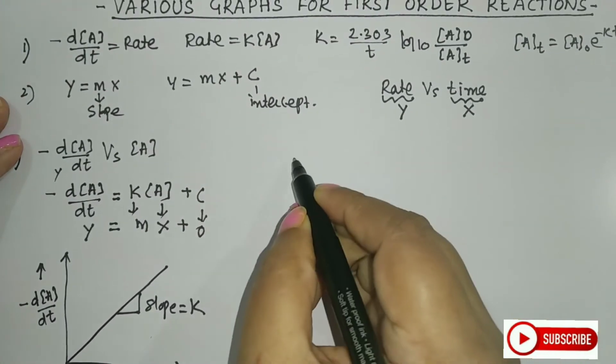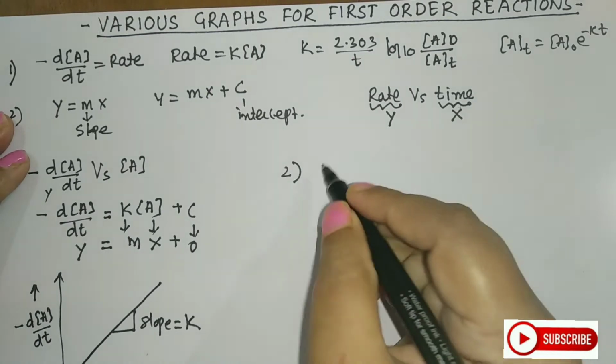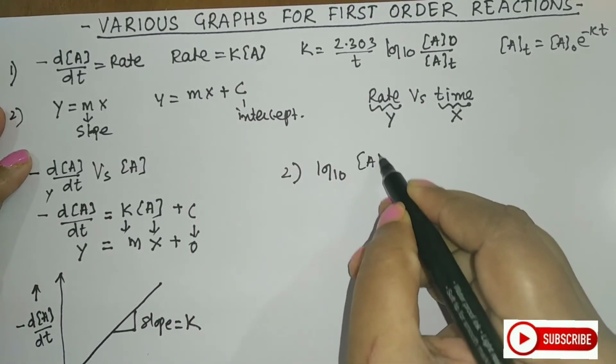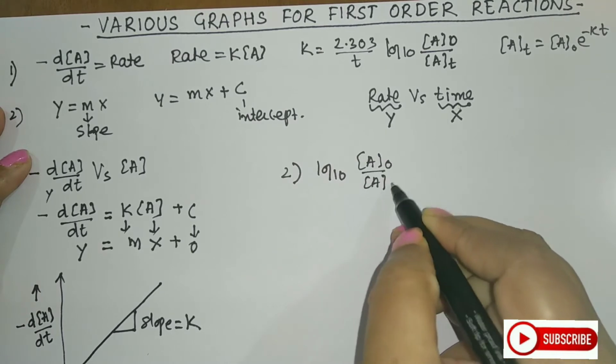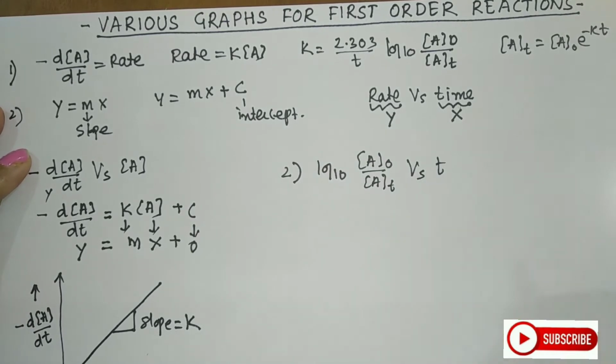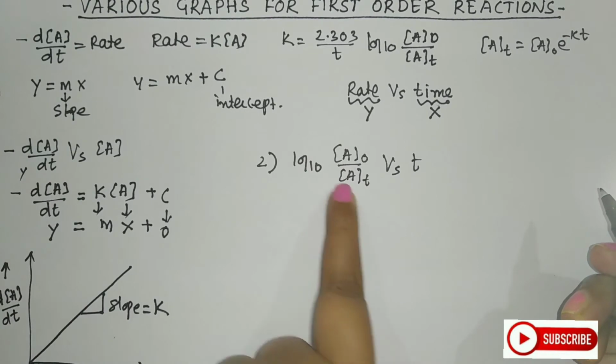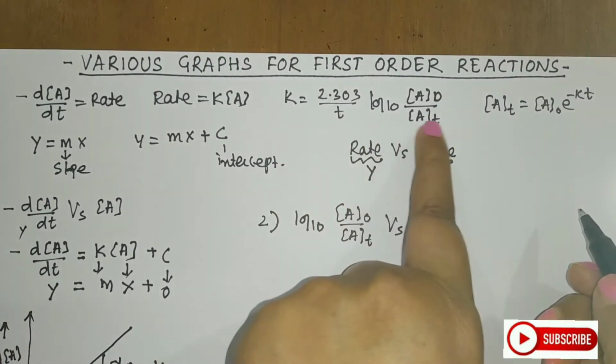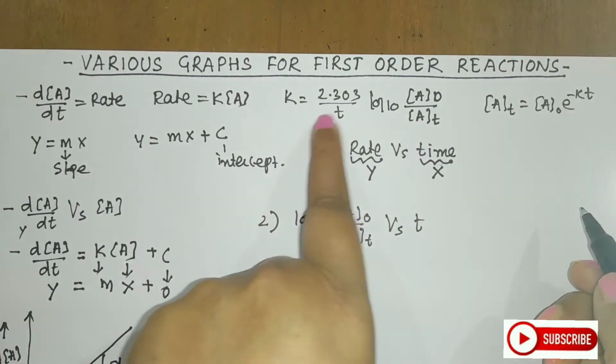Let us see the second graph now. Second graph is log to the base 10 of A0 by At versus t. Now if you see the values here, A0 by At means the equation you will be using is this equation. So let us start rearranging the equation.